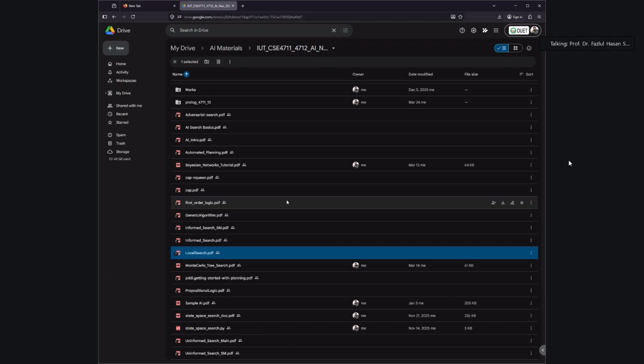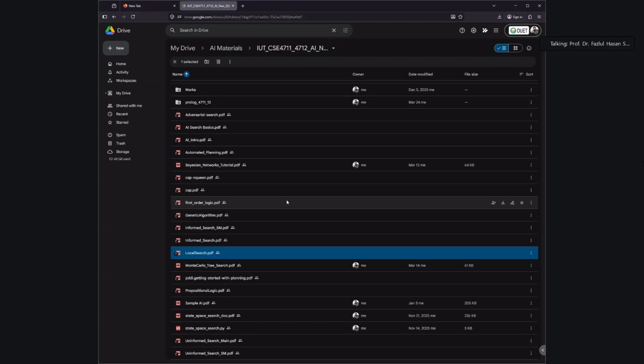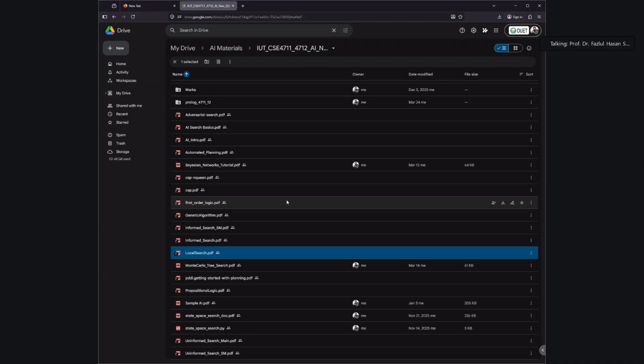One good thing is you don't have to write any algorithm at all. This should be easier for you. Sometimes in some other courses I mention that you have to write down the algorithm, but for you, I totally discard this part. No algorithm, you don't have to write any algorithm.